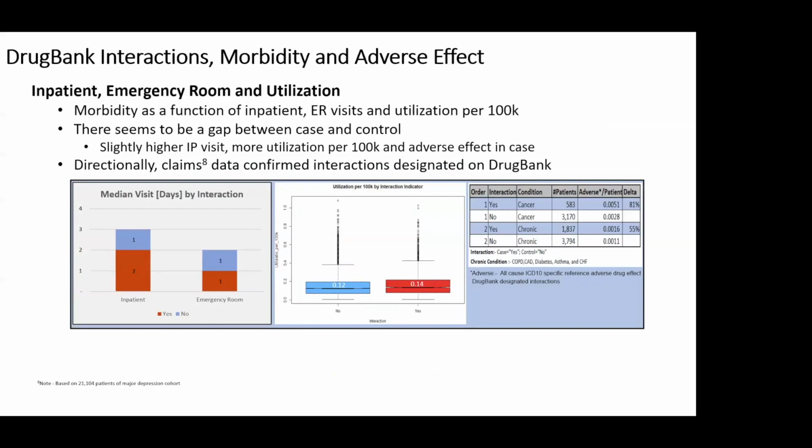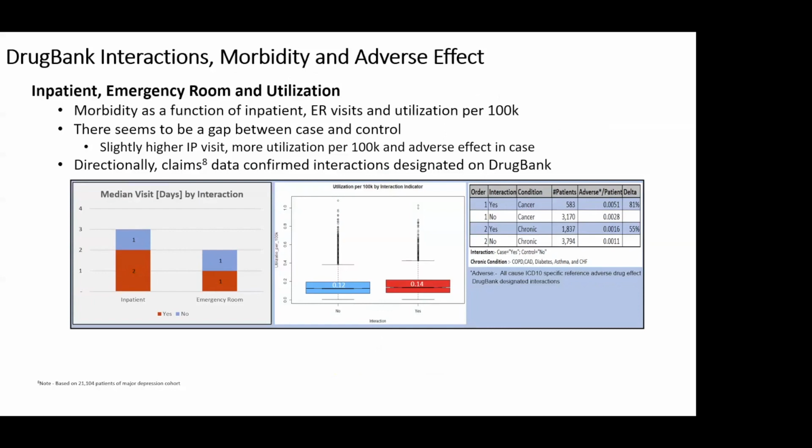Back to that same 21,000 sample of patients from our claims data, we looked at the inpatient visits, and based on the normality test we did, we decided to go with the median. The inpatient visit is slightly higher for those that filled or consumed the drugs we extracted from DrugBank, designated as having interaction, than for those that did not consume those drugs but took similar numbers of drugs, between 2 to 6 compounds.